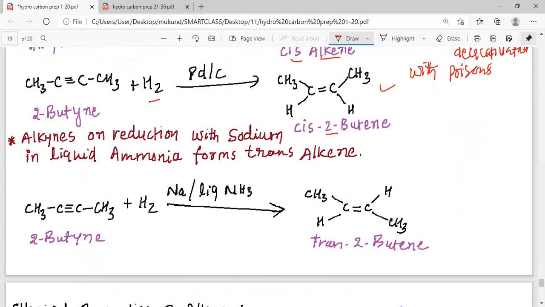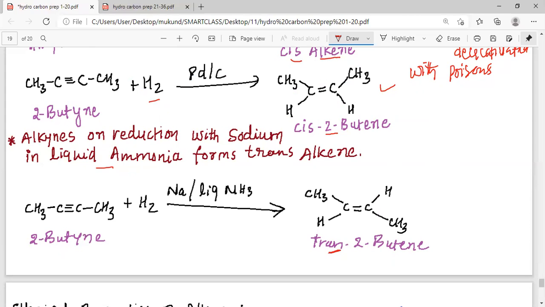Now, how can we get trans-2-butene or trans-alkene? For the preparation of trans-alkene, alkynes are allowed to undergo reduction in the presence of sodium metal and liquid ammonia.